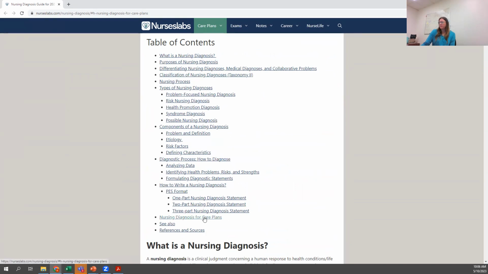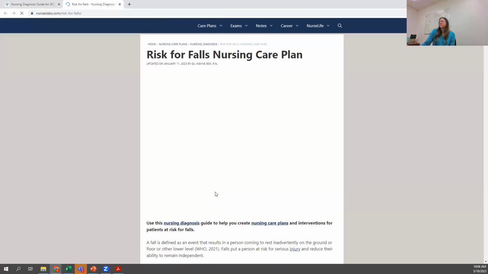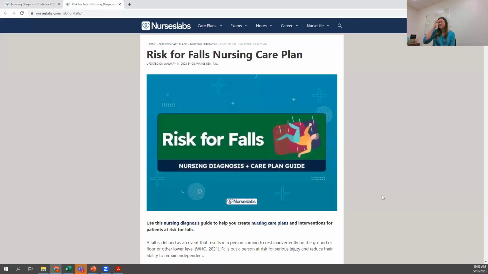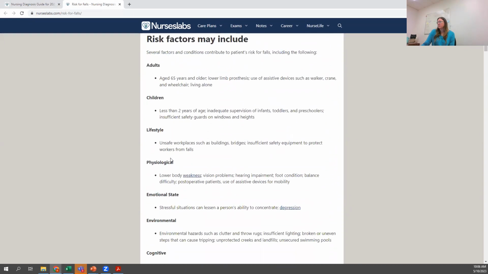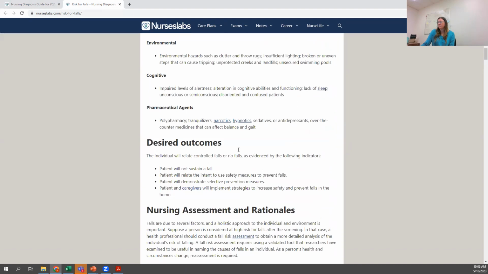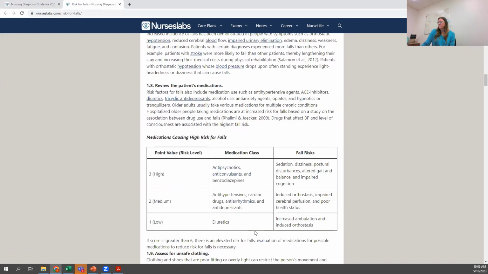But if you go here to the Nursing Diagnosis for Care Plans, you can pick one, let's say risk for falls. If I have a student who has seizures, this could be one of my nursing diagnoses. It goes through the risk factors, the desired outcomes, your assessment, and rationales for those different things.